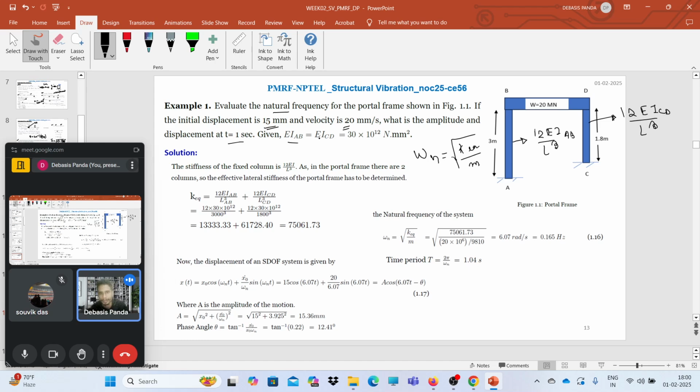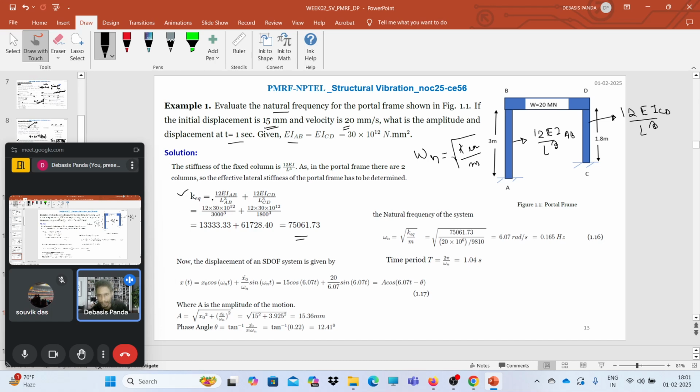So we have all the inputs. Simplify the equation: K equivalent equals 12 EI AB over L cube AB plus 12 EI CD over L cube CD. Now put all these values and you will get K equivalent as 75061.73 Newton per mm. Please check the calculations once.